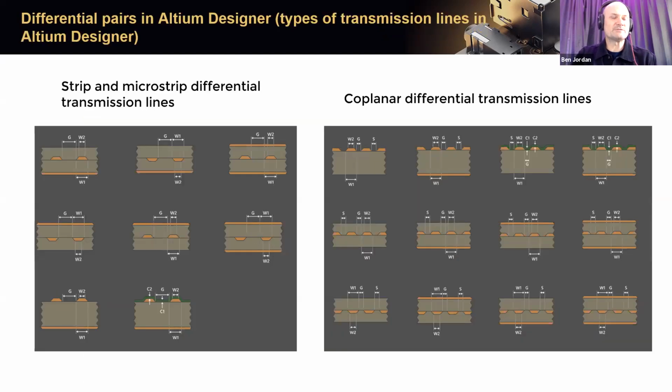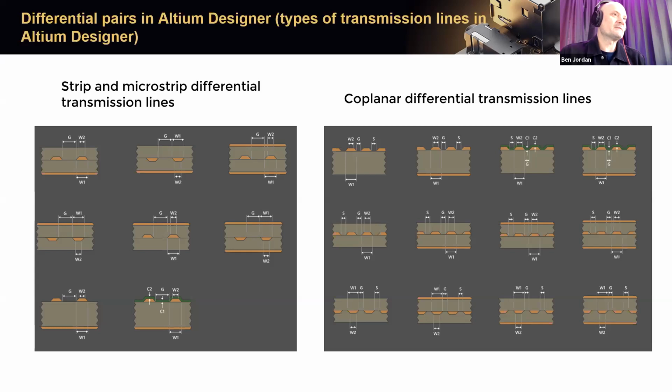These are the profiles which are supported by the Layer Stack Manager. So for stripline and microstrip differential transmission lines, we have the embedded microstrip, and you can see on the left pane there, it will support different layer stack-up orders with cores and prepregs, and that has an effect on the trapezoidal shape or cross section of your traces after etching, and after lamination they go in a certain direction, as you know.